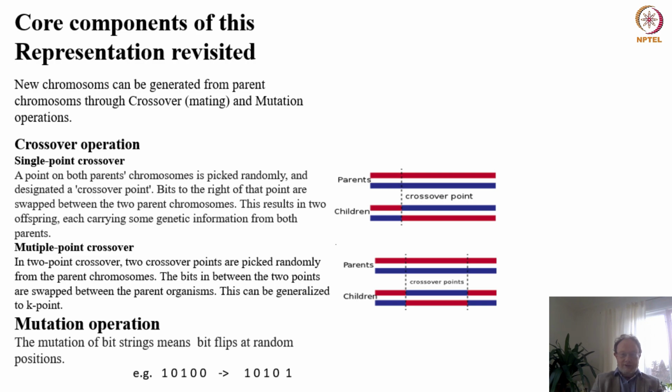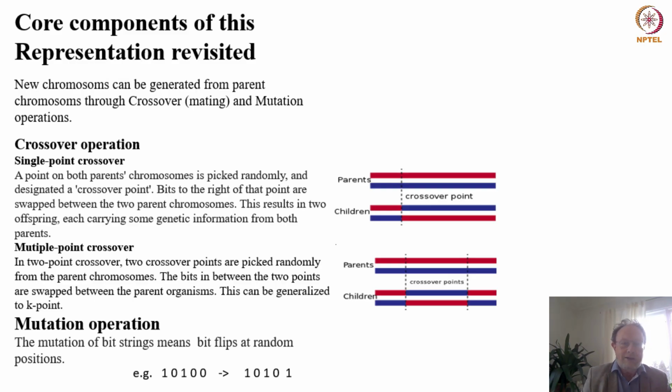So as you see in the examples, of the two parents, the left part up to the crossover point remains the same, while the right strings are swapped, giving then two children.